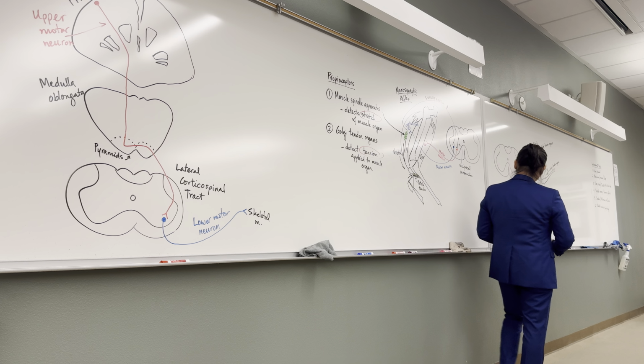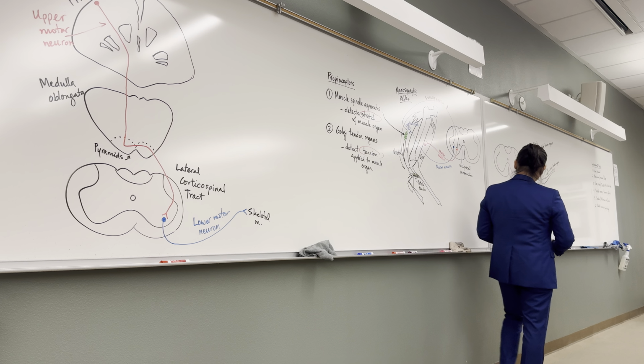As the Golgi tendon organ detects this, it will relay this information through a sensory neuron. The sensory neuron enters the spinal cord and will immediately synapse with an interneuron.